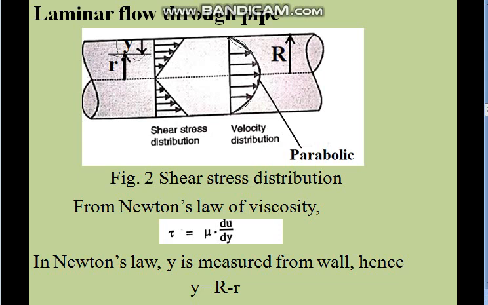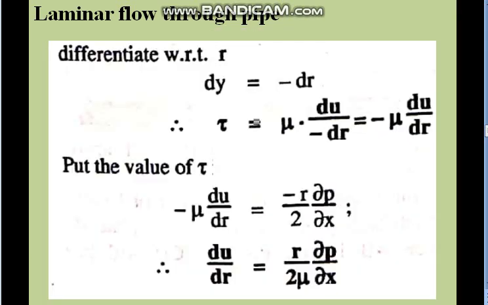So y will be equal to capital R minus small r. Now we have to write dy, so take the derivative of this. When we take the derivative, it becomes dy equals minus dr, where capital R is constant, so its derivative is 0. So we get tau is equal to mu du by minus dr.